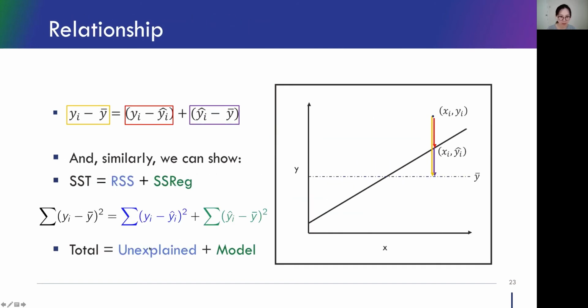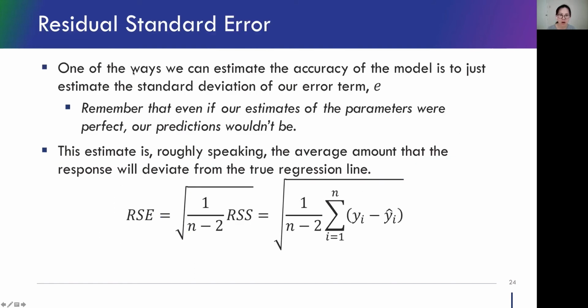I mentioned RSS is the part that's not explained by our regression model. So now we will define the residual standard error based on this residual sum of squares. Normally people use it to estimate the accuracy of the model, as it just estimates the standard deviation of our error term.